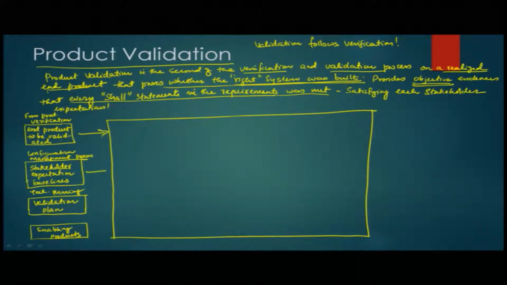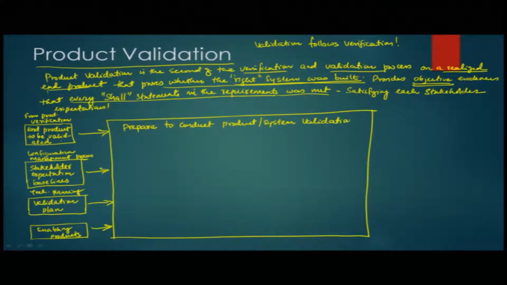So, we have the 4 inputs. We also have the enabling products, because these are the products that are necessary to conduct validations. Okay. So, the enabling products, all these 4 come in, and the first thing that we do is we prepare to conduct product/system validation.